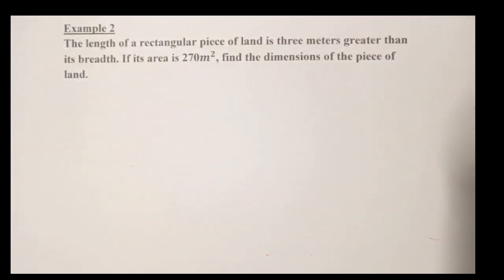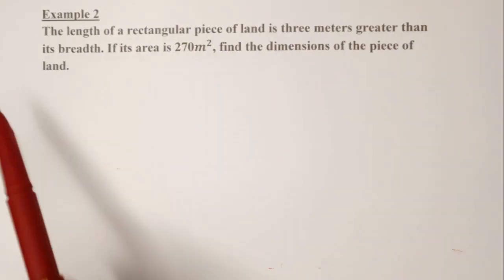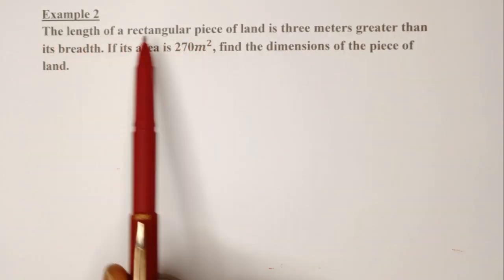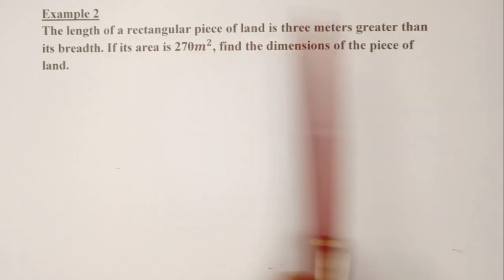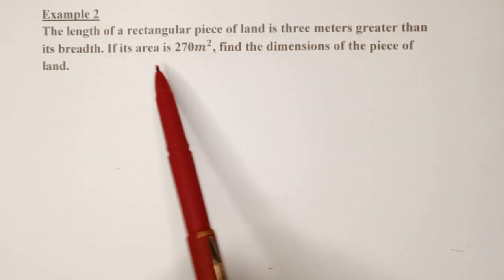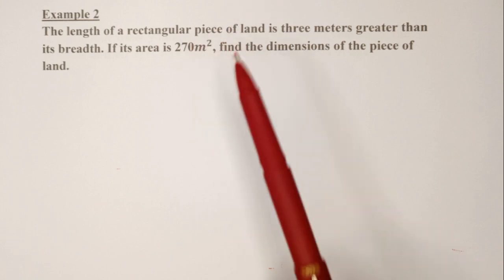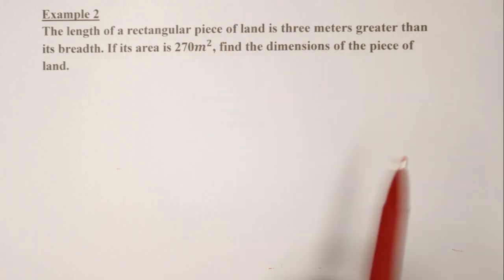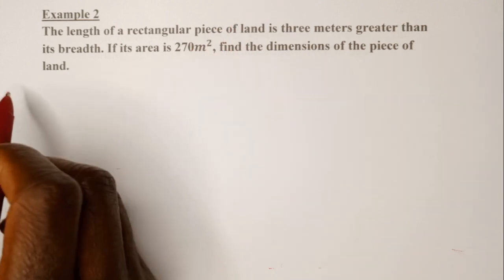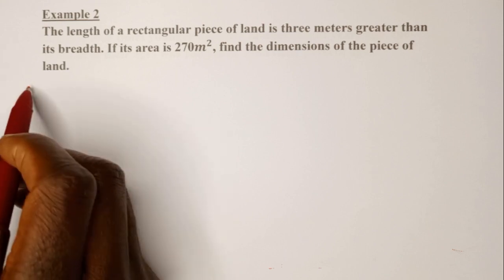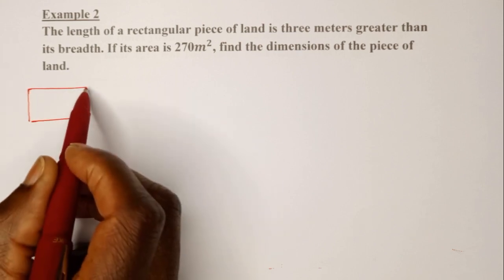Another example, the length of a rectangular piece of land is 3 meters greater than its breadth. If its area is 270 meters squared, find the dimensions of the piece of land. So we can have a diagram here like this.